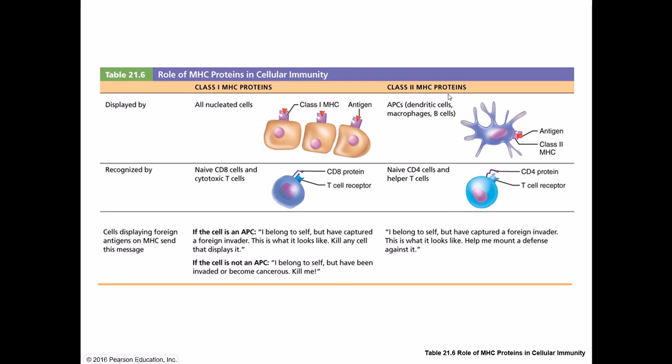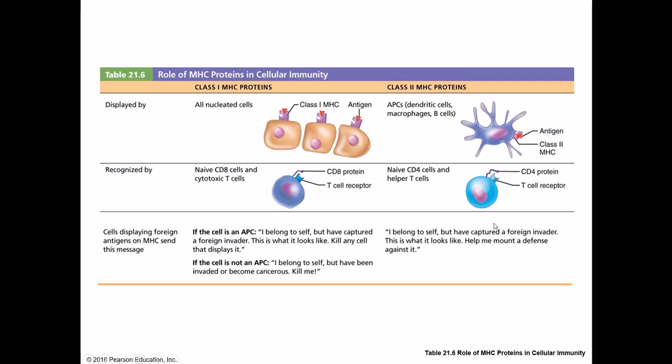For the class 2 MHC proteins, these are only on these antigen presenting cells. So the dendritic cells, the macrophages, and B cells also display these class 2 MHC proteins. They go and activate the CD4 T cells that then differentiate into helper T cells.